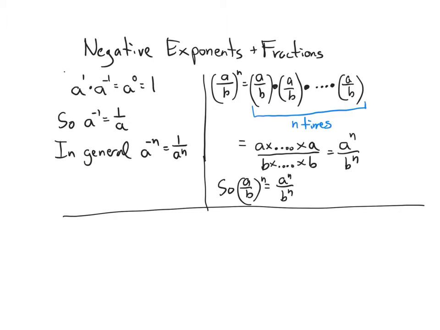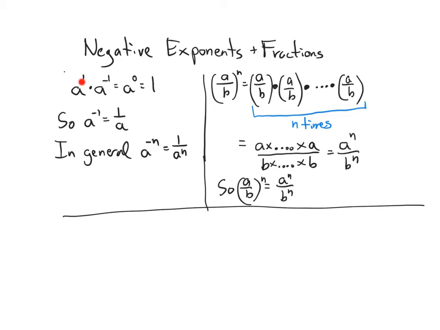Okay, folks, just a couple of rules about negative exponents. So if you have a number here and you want to figure out, well, what would a negative exponent mean? We want to keep the same rules that we've used before, where if you have the same base with different exponents, you add them.